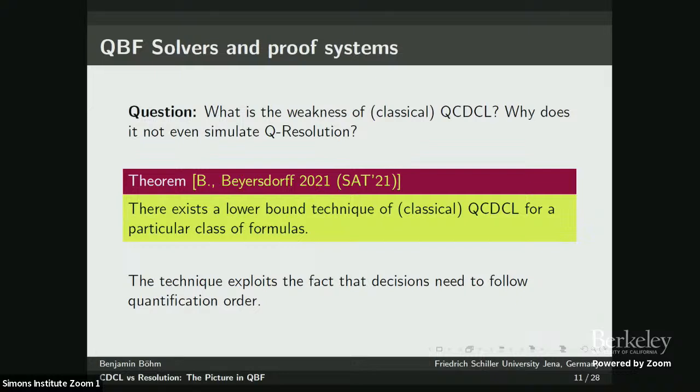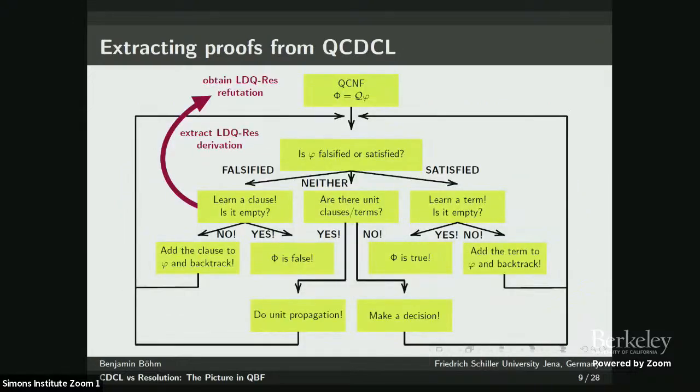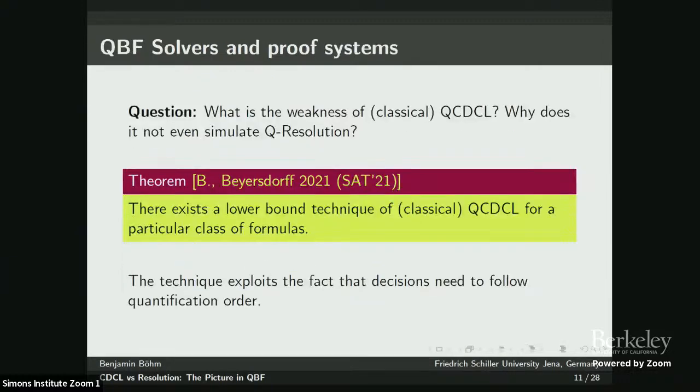Like I said, I won't explain this here, but the thing I should point out is that this technique exploits the fact that decisions need to follow quantification order. I think this is something I haven't taught before. So when you make a decision in the classical setting, these decisions have to follow the quantification order. That is what is done in practice. And well, this gives us this weakness for Q resolution.